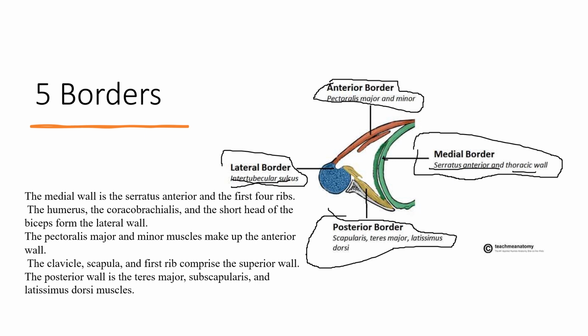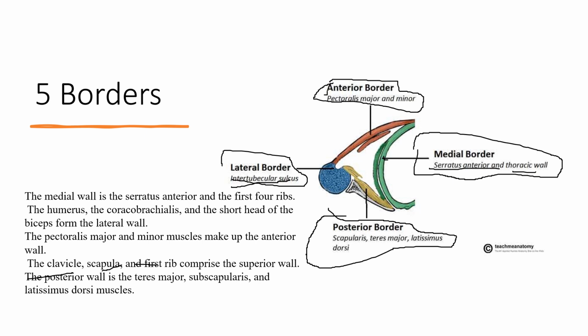The anterior wall is formed by the pectoralis major, pectoralis minor, and the clavipectoral fascia, and the posterior wall is formed by the subscapularis, teres major, and the latissimus dorsi. One more thing to note, it is not shown in this diagram, but the superior wall of the axilla is formed by the clavicle, scapula, and the first rib.